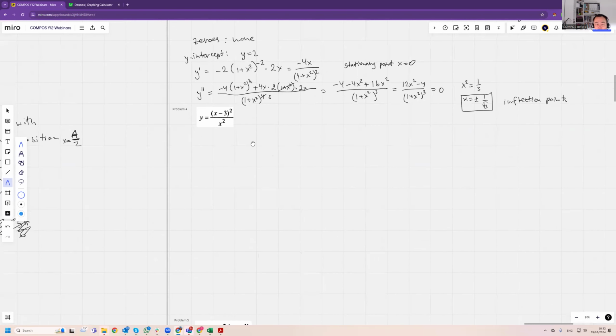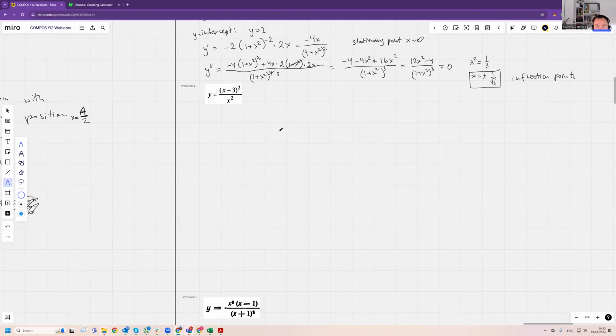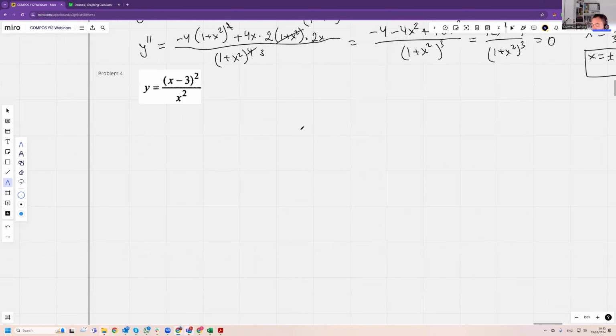Okay, so the next one, well, same principles apply. So I'll try to do it quickly as I would normally do it, not taking shortcuts. So find the zeros.